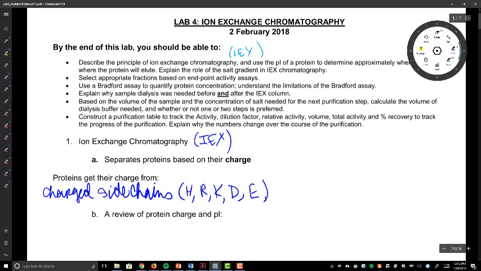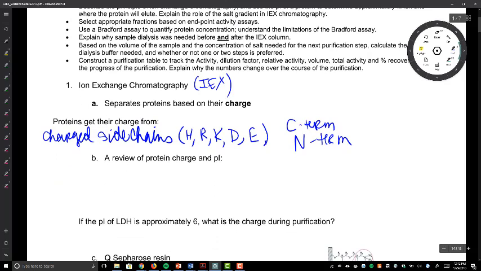In theory, they can also get their charge from the C terminus as well as the N terminus. And so you have to consider the contributions of all the side chains, as well as the C terminus and the N terminus, and the pH at which the protein is at, to determine what the overall charge of the protein is at a particular pH.